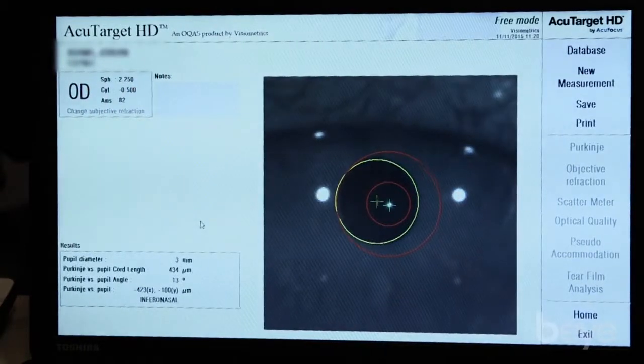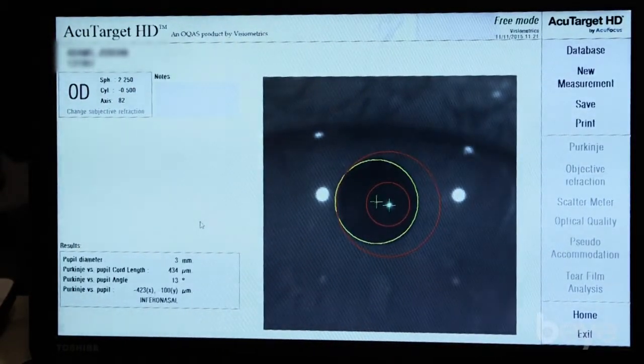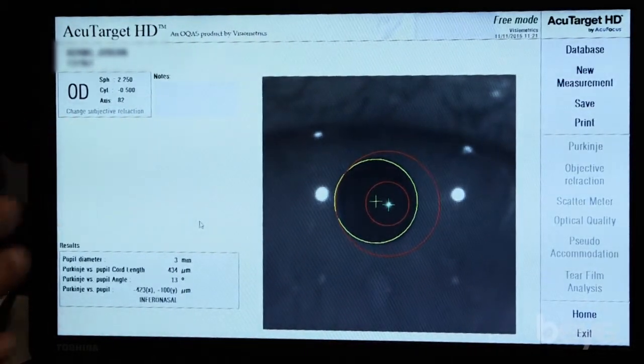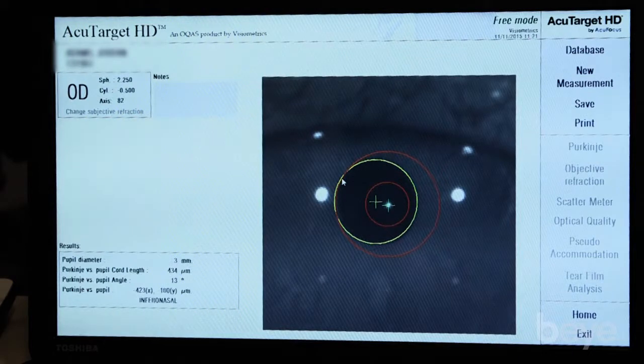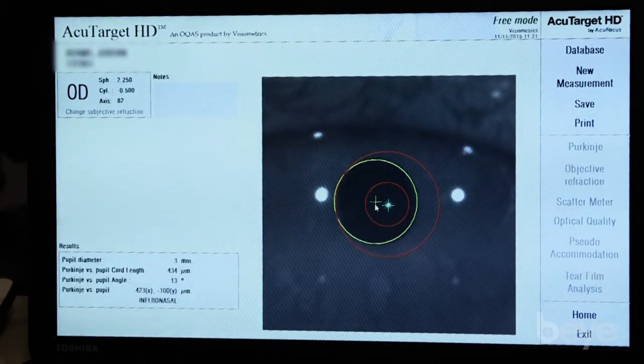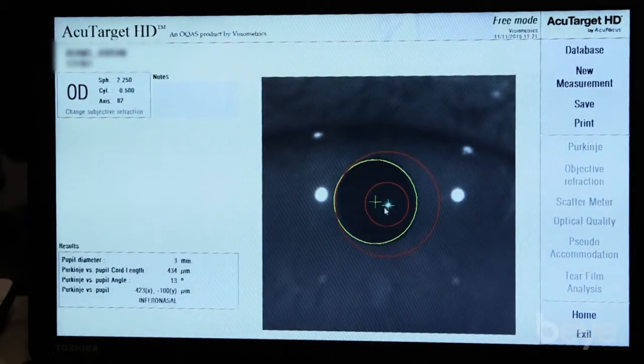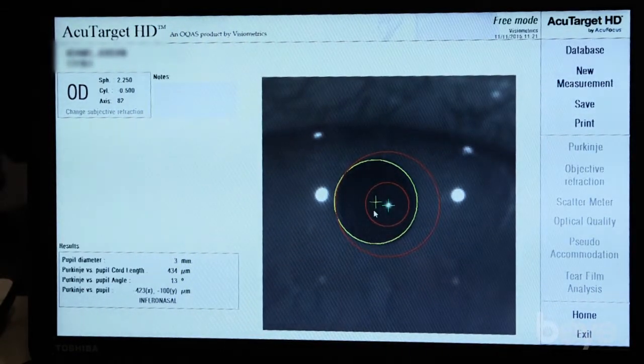So another feature of the AcuTarget HD, which separates it from the regular HD analyzer made by Visiometrics, is that the instrumentation with this software allows you to analyze the landmarks in the eye, mainly the pupillary center and the Purkinje image, in order to establish if the patient has a large angle kappa.